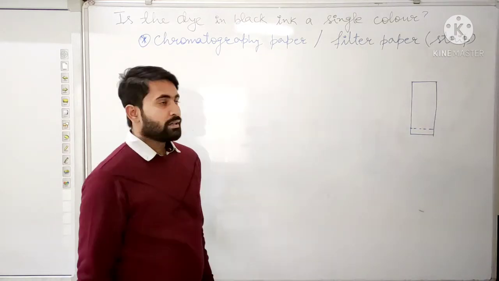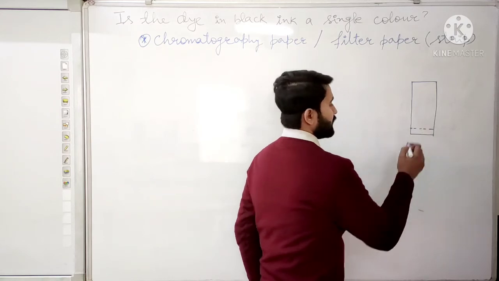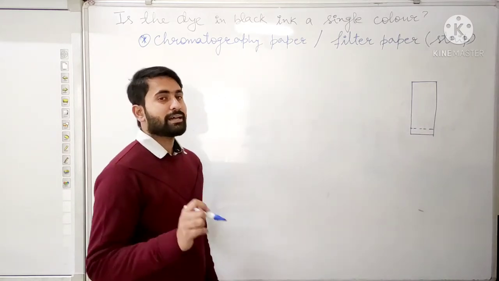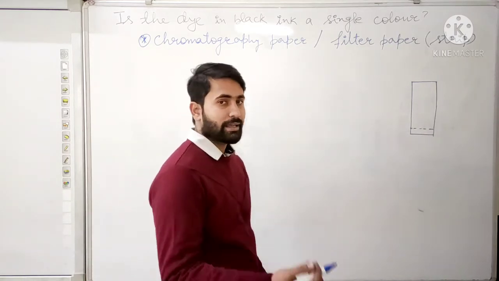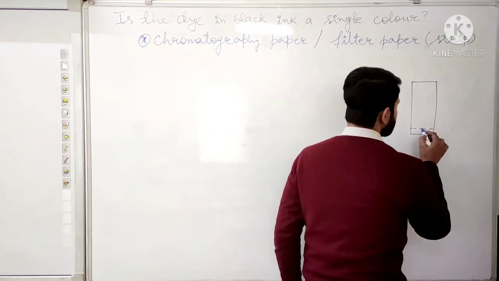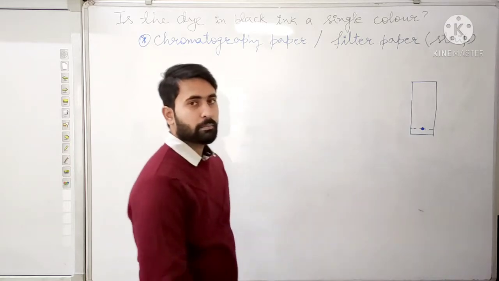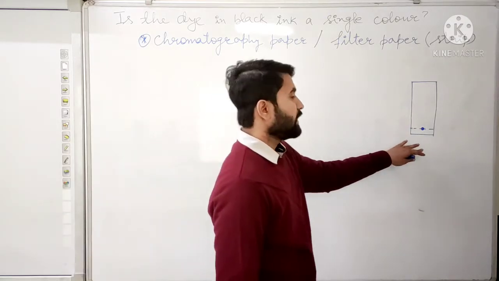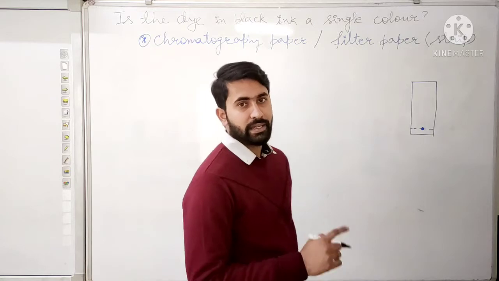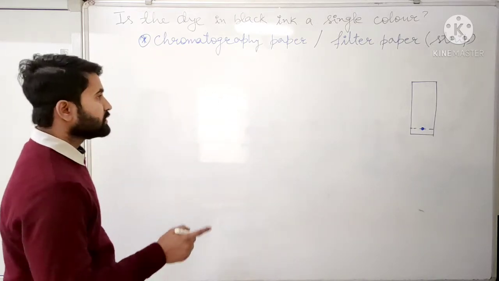Now at the center of this line, we will make a spot from the black ink. Now we will allow this spot of ink to dry for some time.